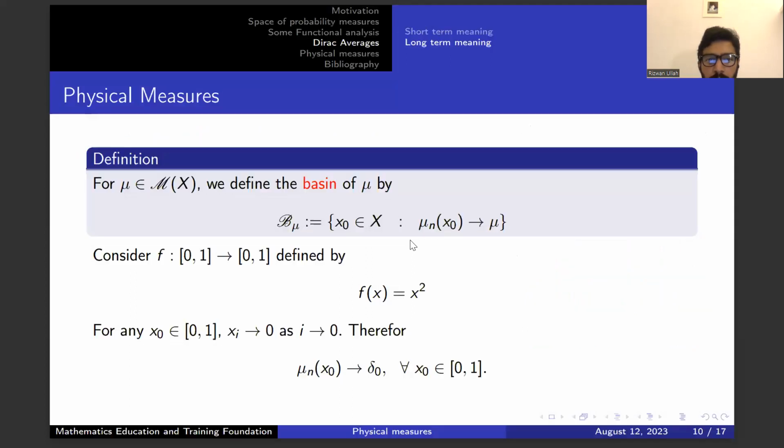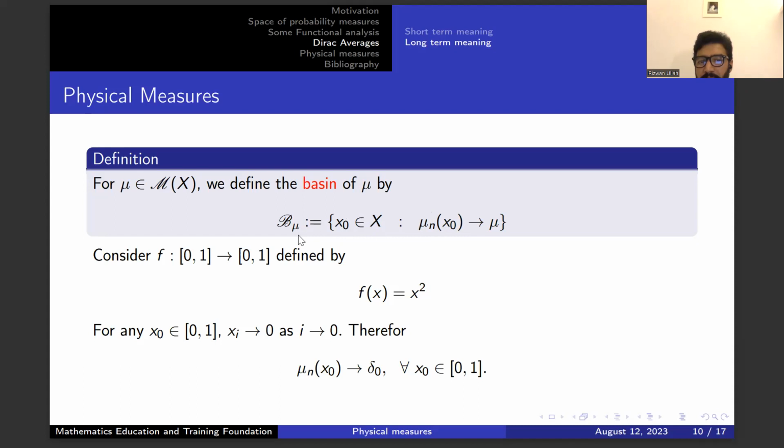Let's now introduce another concept, which is the basin. So the basin of attraction of a probability measure mu. The basin of attraction is a subset of the space X. One should notice that it's a subset of the space X, but the way you declare a point to be in the basin depends on the space of probability measures.